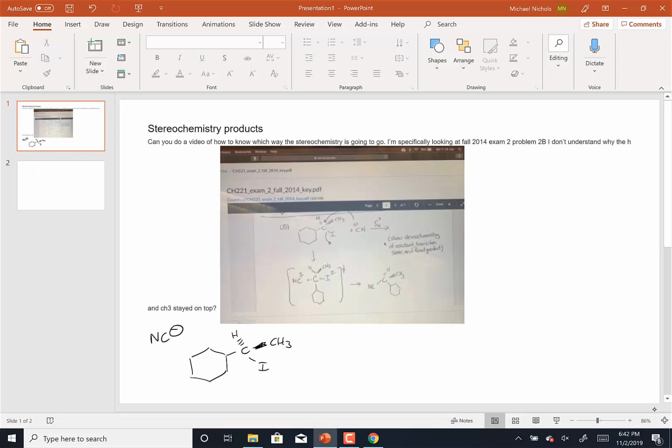So that's our nucleophile. What's going to happen in this reaction is that the CN minus is going to come in and attack the carbon down the trajectory of the C-I bond and kick it out.